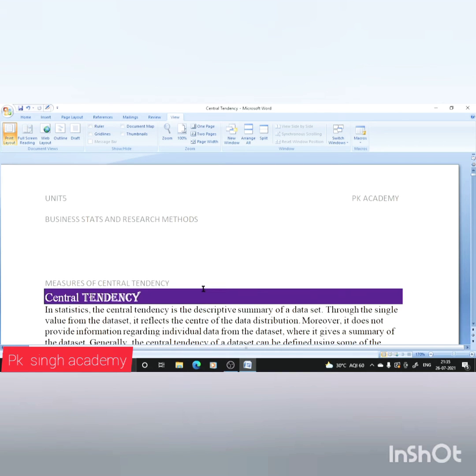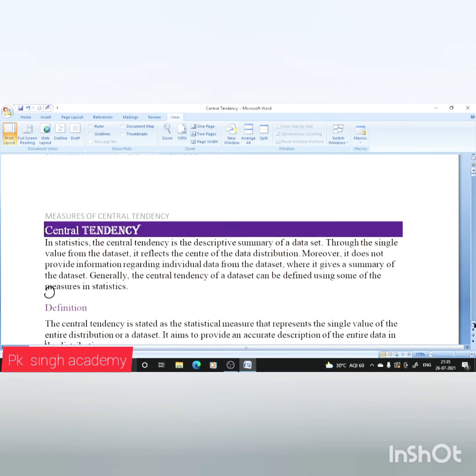Central tendency is a descriptive summary of a data set. Through a single value from the data set, it reflects the center of the data distribution. So central tendency is the statistical measure that represents the single value of the entire distribution.